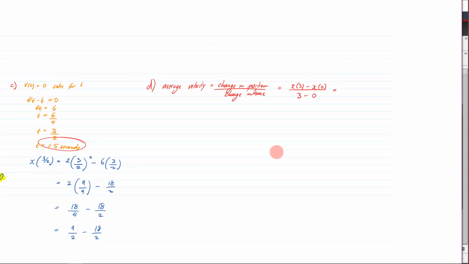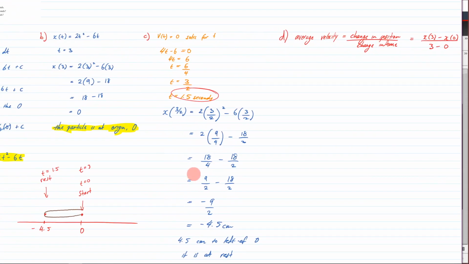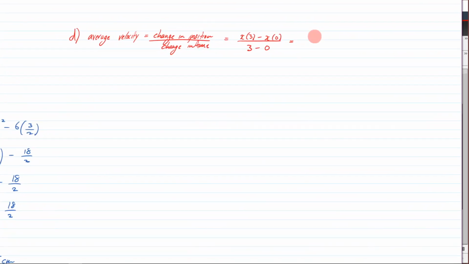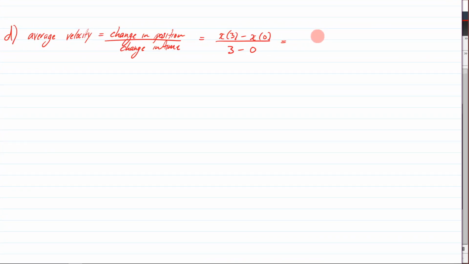Now, let's just double check that I don't mess this up. We know what each of these are. x of 3 is 0, and x of 0 is 0. My goodness, what is going to happen here? So this is going to be 0 minus 0 over 3, which will be 0. My average velocity is 0.